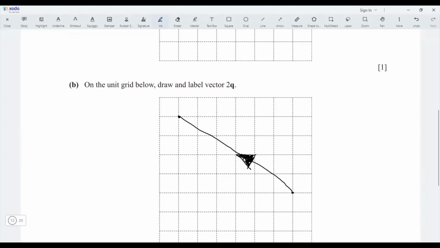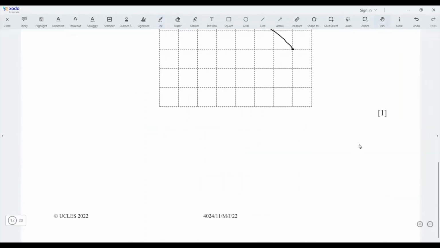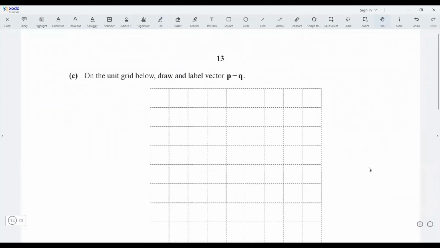So moving ahead to the next part of this question, what is actually being asked there? In the next part, it is said that we have to represent P minus Q, subtraction of 2 vectors, on this grid in terms of 1 vector. So what is P?